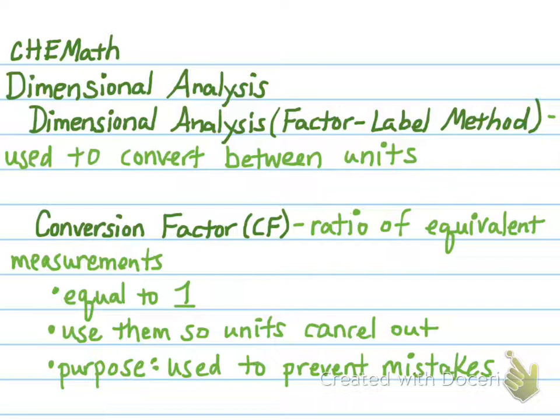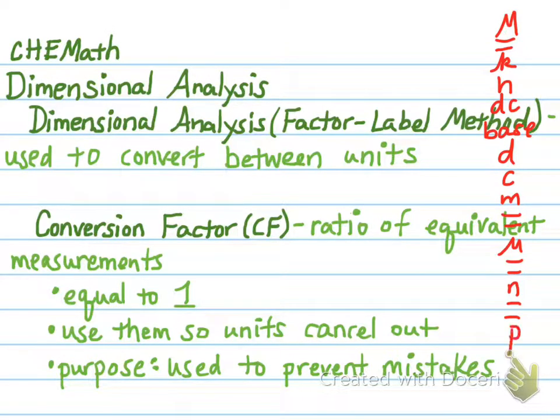Now, you did learn the metric system, and I don't think you'll have to use it a whole lot, but remember back in Chapter 3, you also had this mega, kilo, hecto, deca, base, deci, centi, milli, micro, nano, pico.